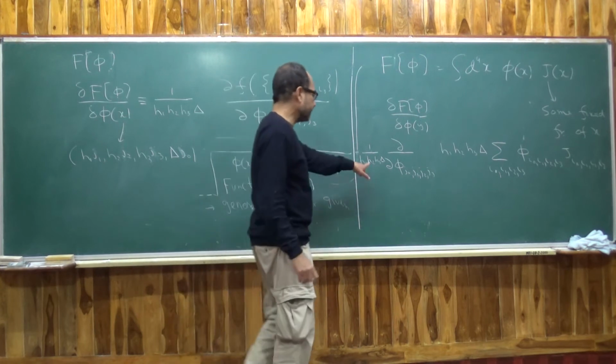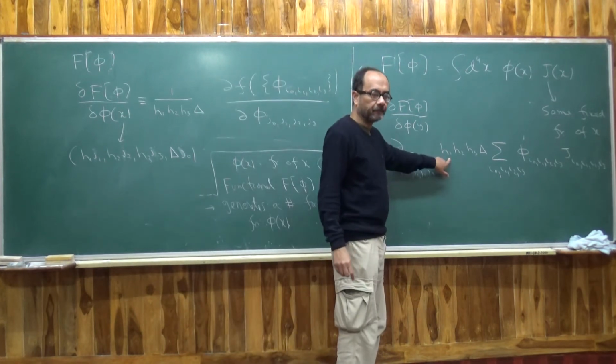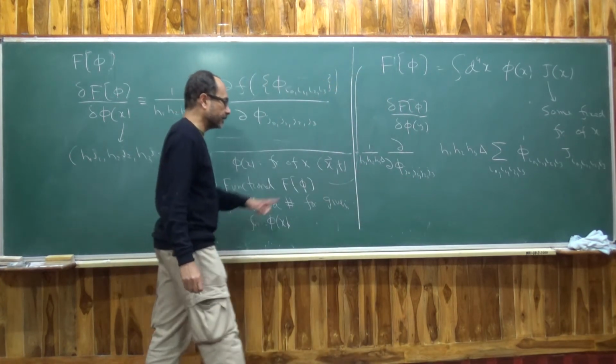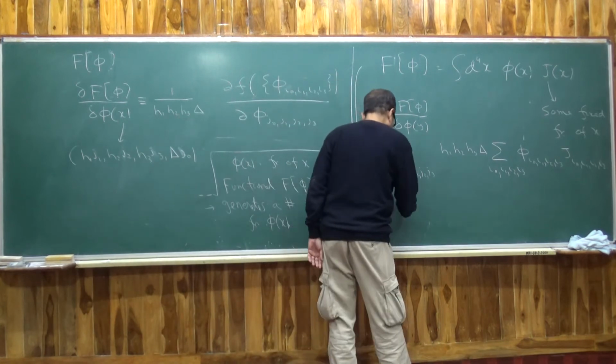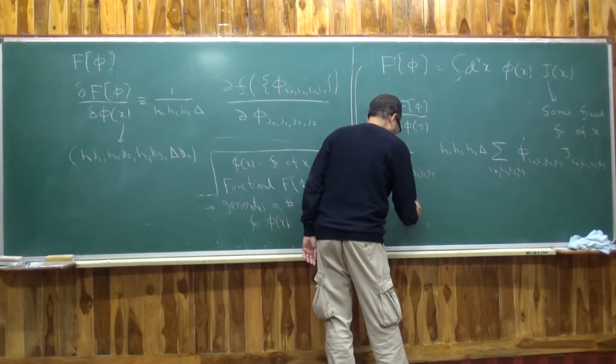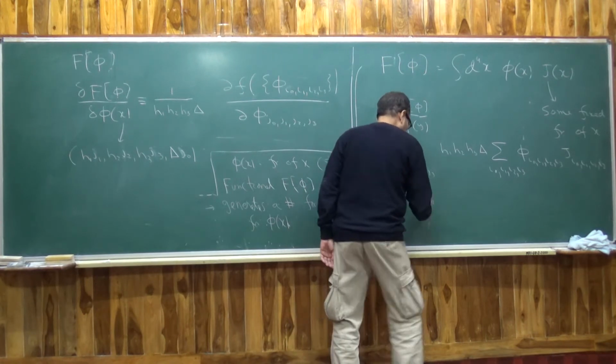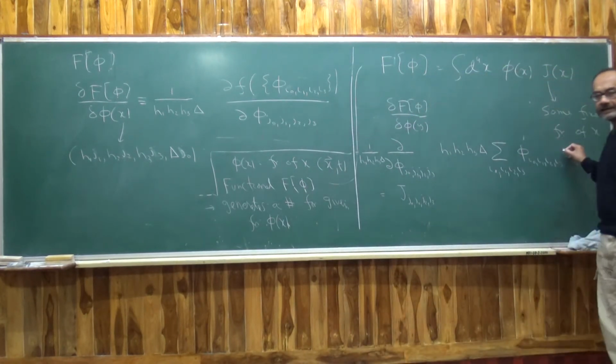And now you see that this factor cancels this factor over here. This is part of the definition of the integral. That's why I have put this in the derivative. So these two cancel, and what you are left with is g j0, j1, j2, j3, because only one term here will give a non-zero answer, right?